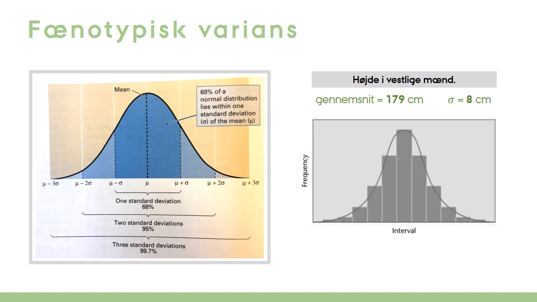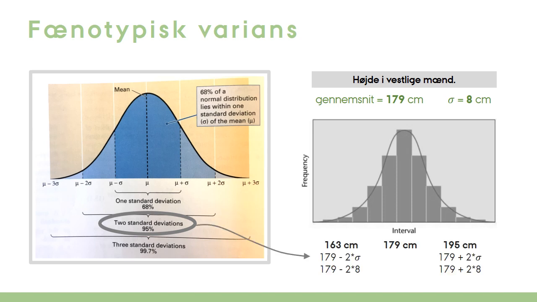Let's go to the example of the Western man. We knew that there was an average of 1.79 meters, and the standard deviation is 8 centimeters. So now let's take a look at what that area of 95% is. How do we calculate this? We have a mean of 179. When we go to the left, to 1 meter 63 centimeters, that is calculated by simply doing 179 minus 2 times 8.